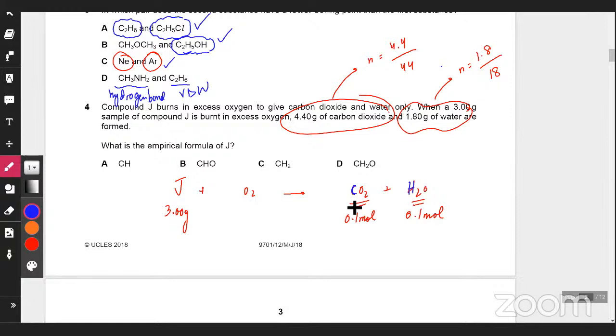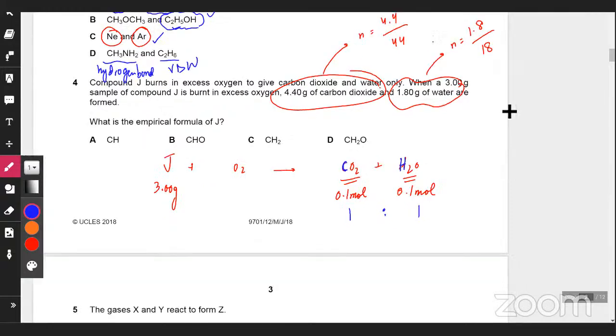The carbon dioxide and water molecules are being produced in the same ratio. 2:1? How many carbons? How many hydrogens? No, wait. What's the ratio? It's 1:1, right?